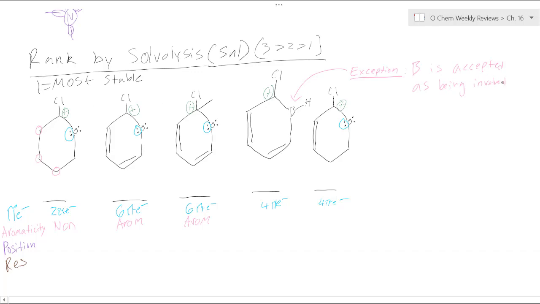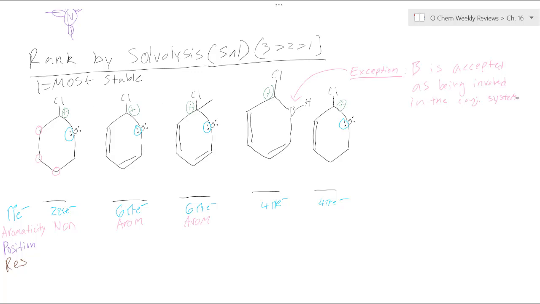conjugation system. Okay, so if you notice, boron is sp2 because it has 3 electron domains, and boron, we can bypass the conjugation rule because it is technically involved. If you want to learn more about why that's the case, I would refer to your professor or the textbook because they would know more.